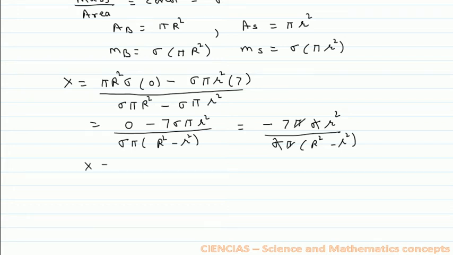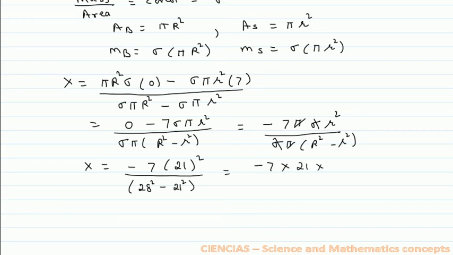So x is equal to minus 7 into small r, 21 square, divided by capital R, 28 square, minus 21 square. This will give minus 7 into 21 into 21, upon 49 into 7.